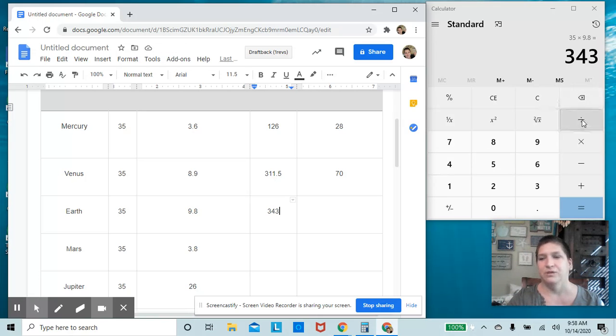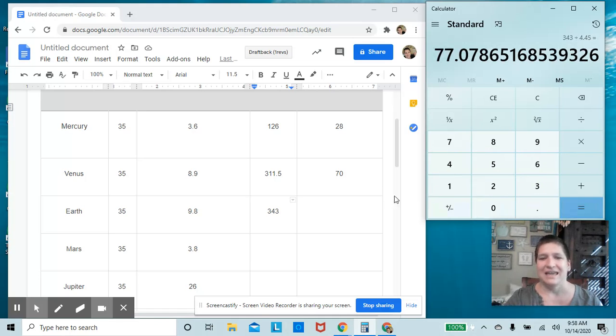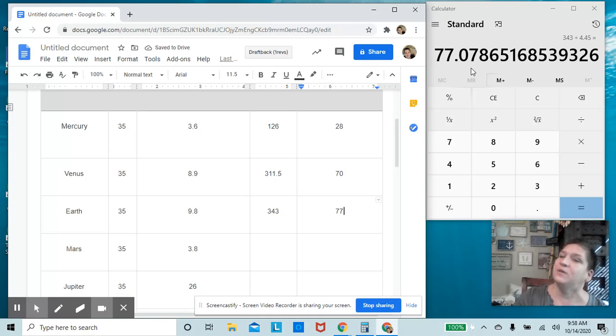So 343 divided by 4.45, because there are 4.45 newtons in every 1 pound. And my weight for Aquila is 77.0786516 pounds. We're going to round that to the nearest whole number, and I'm going to say she weighs about 77 pounds here on Earth.